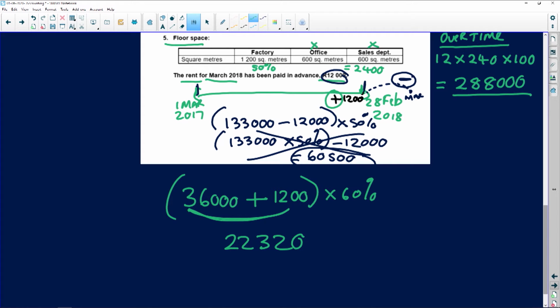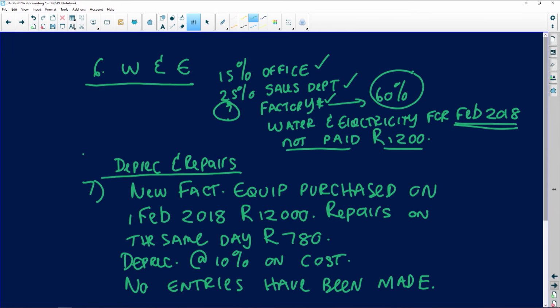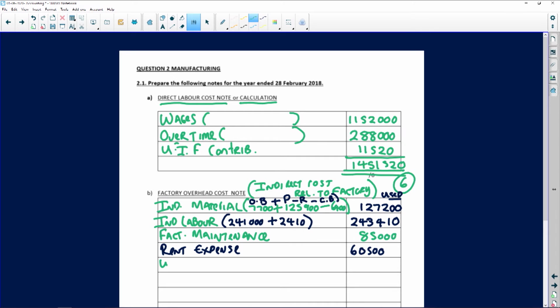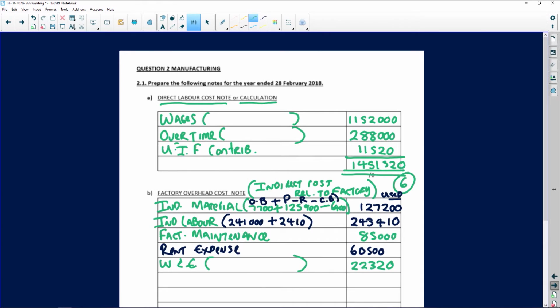Okay, right, so let's take that through to our note. So water and electricity, once again, and I'm going to keep on repeating myself, show your calculations in brackets, and for the factory an amount of 22,320, which is obviously the 60% that is allocated to factory overheads. Okay, almost done, guys, almost done with this question.